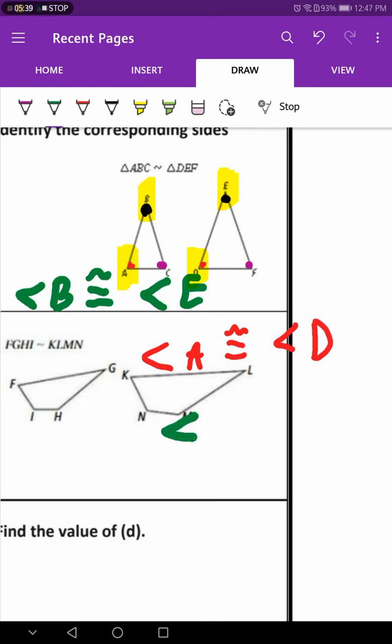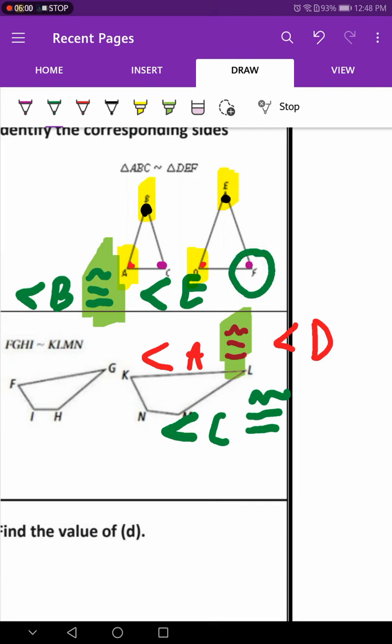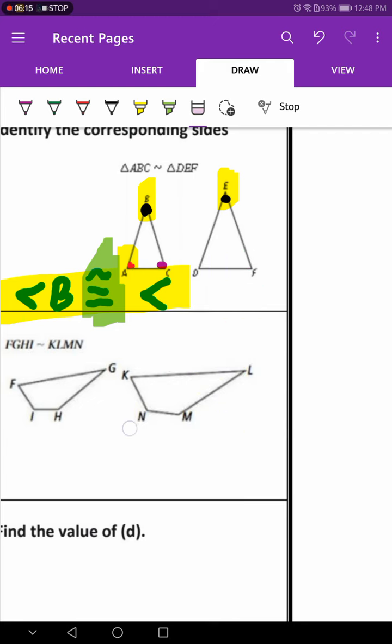The angle C, you see this sign, my boy? It is congruent, meaning equal. So the angle C is congruent with angle F. Okay, my dear student, this is the first, the second, and the third corresponding angles. I hope you got my point.